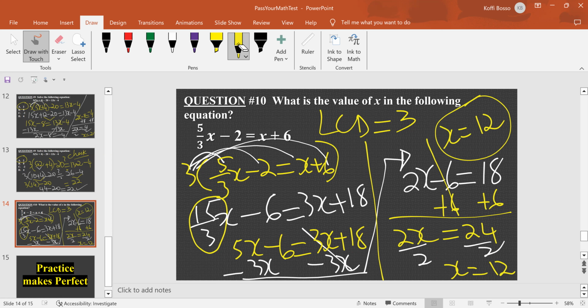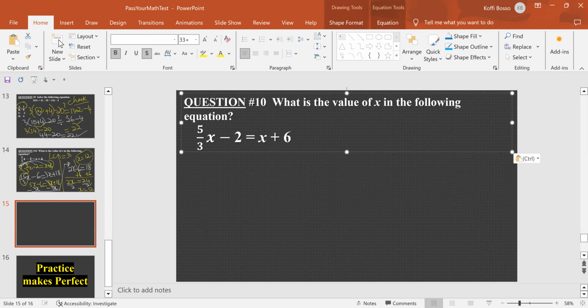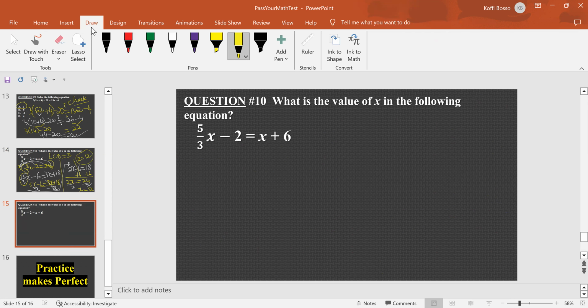To check your work, you replace x by 12 in the equation. Let's do that as a review to make sure what we did is correct. So we got x equals 12 and we want to check our work.